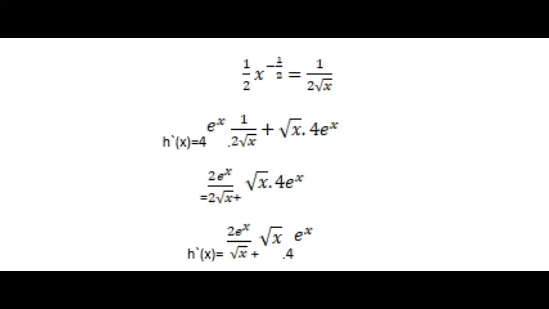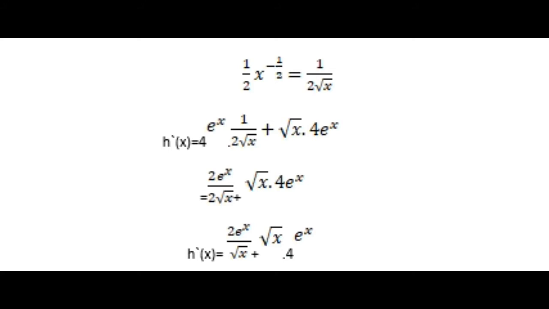So h prime of x is equal to 4e^x, which is our u, times the derivative of v, which is 1 over 2 square root of x, plus v, which is square root of x, times the derivative of u, which is 4e^x. So, let's multiply 4e^x times 1 over 2 square root of x is equal to 4e^x over 2 square root of x, plus square root of x times 4e^x.